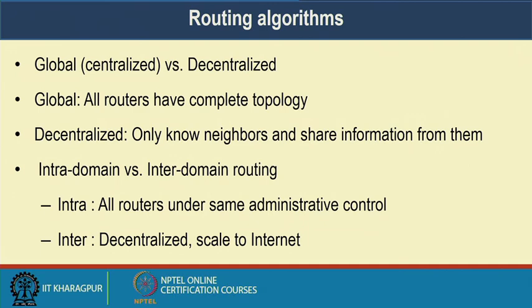Now, as we understand, these two routing phenomena have different considerations, right. Once you have everything under control, you have one way of looking at the routing algorithms, and if it is decentralized and not under a single administration, we have to do it differently.